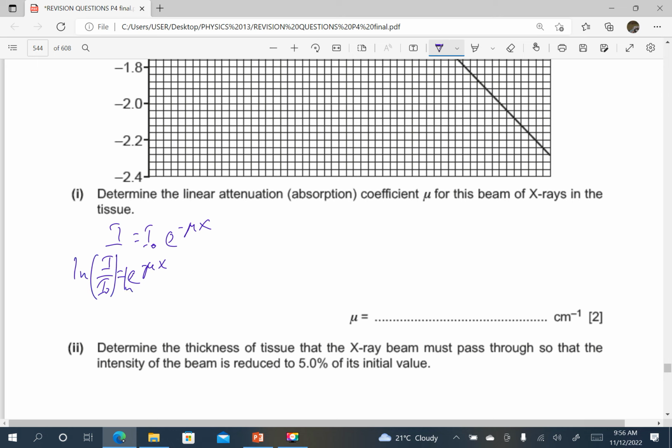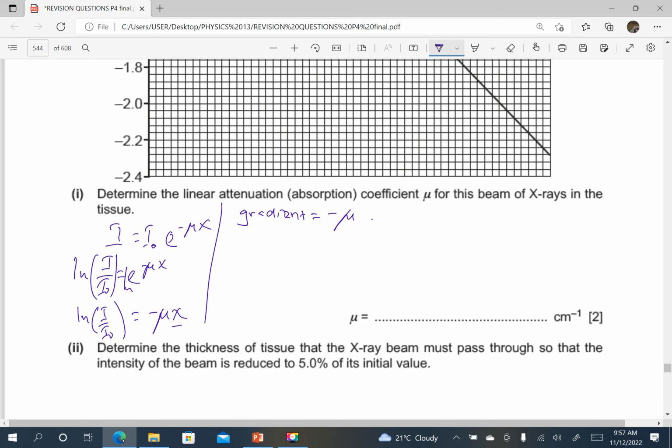So you have ln of I over I naught is equal to negative mu times x. We have plotted the graph of ln of I over I naught against x, so you can see that the gradient is equal to negative mu. If you compare with y equals mx plus c, the gradient is equal to negative mu, so we just find the gradient.